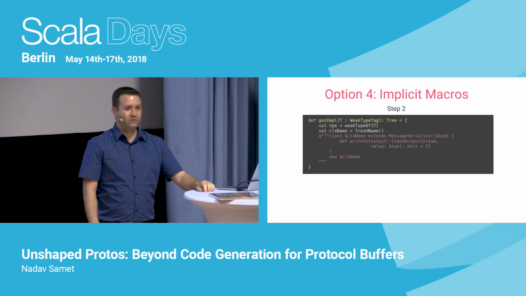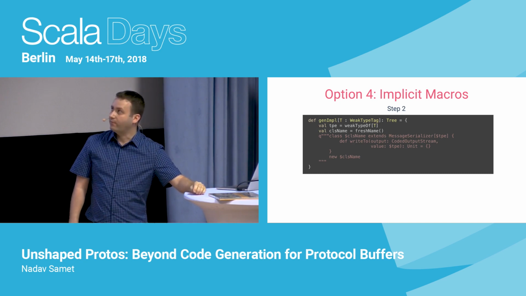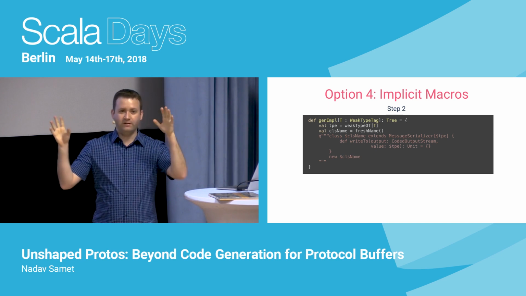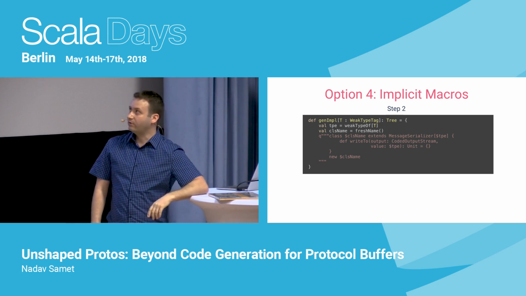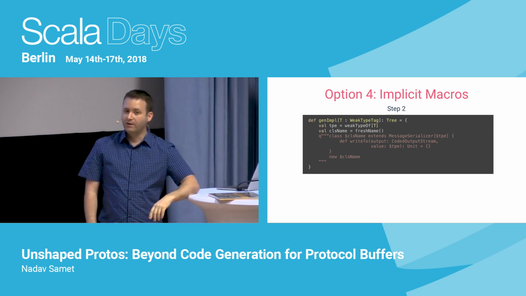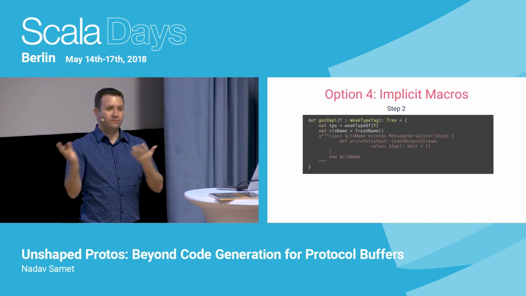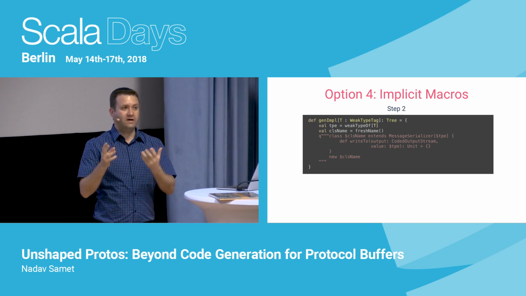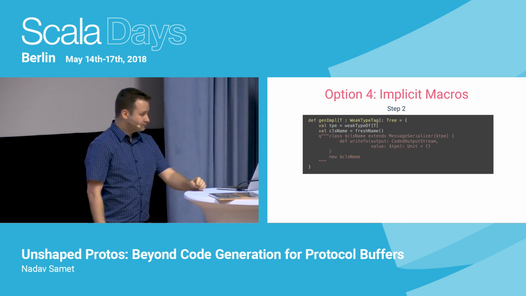There is a technique called quasiquotes: you write q, and then inside this block you write Scala code. This gives you back an abstract syntax tree that the compiler creates out of the code that you give.